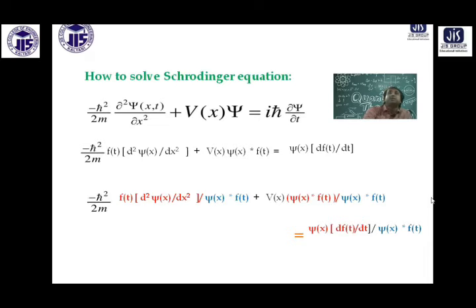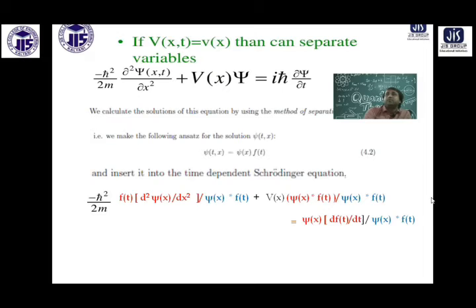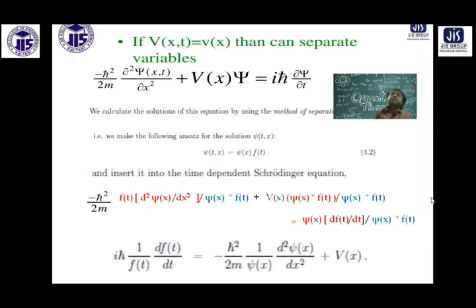Okay, so the psi's will cancel, so your equation will take a form like this. If you cancel the psi's, you'll get an equation like this. Now if you divide everything with psi x f of t, you see we are getting this much: minus h cut square by 2m.